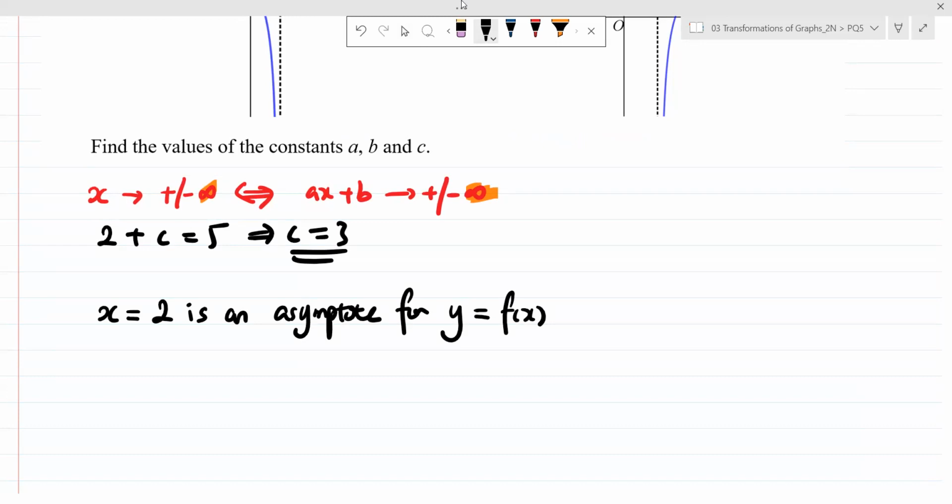This is a geometrical statement, right? It paints a picture in my head. I'm visualizing a vertical asymptote. Now rewrite this statement in algebraic form.